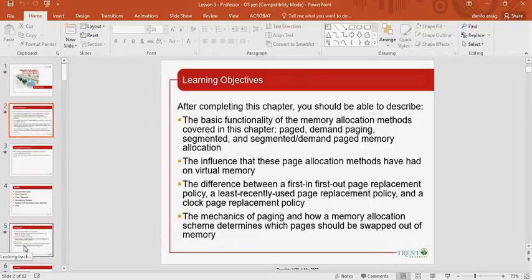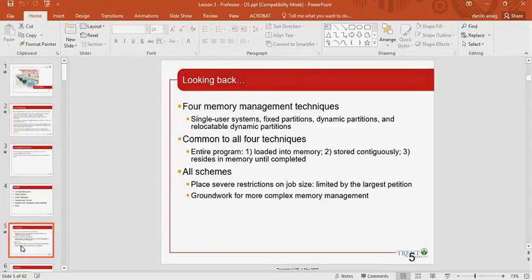So let's look back on what we have covered so far with regards to the 4 memory management techniques. If you recall, there were 4 memory management techniques we presented. These are, number 1, the single user systems, then the fixed partitions.